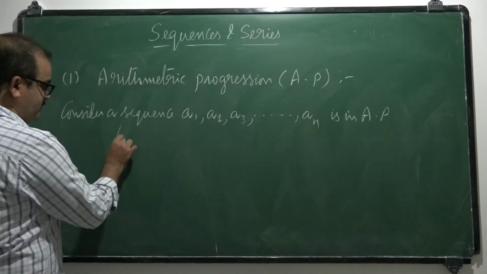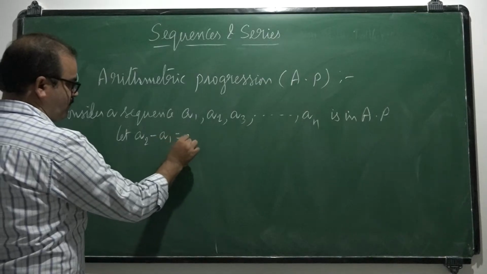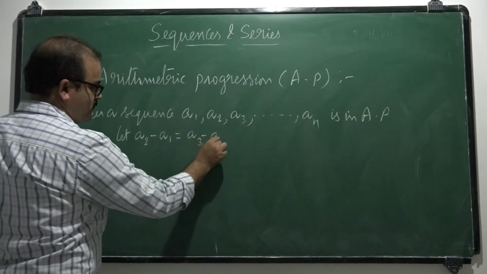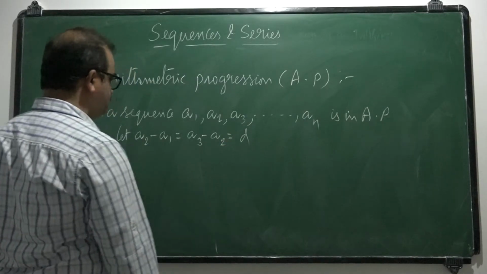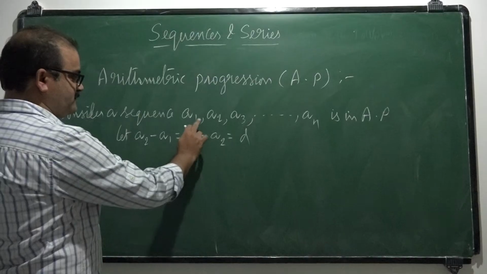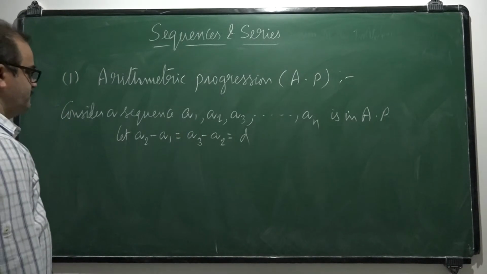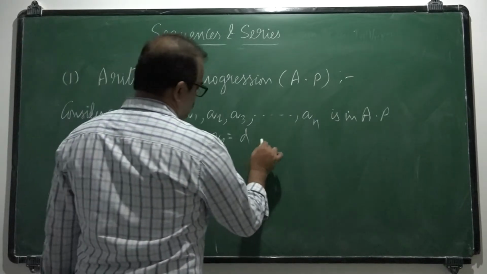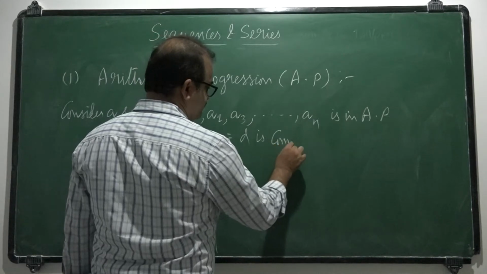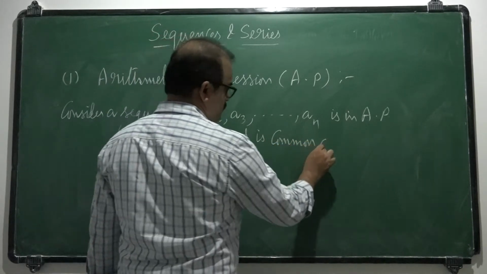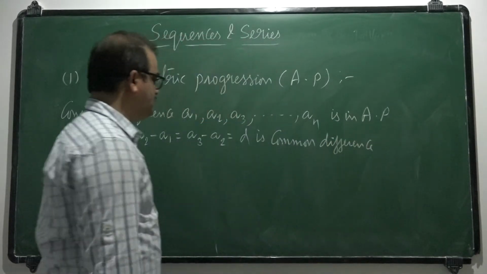Let that difference be D. Here D is the difference between two successive terms, where D is common difference.